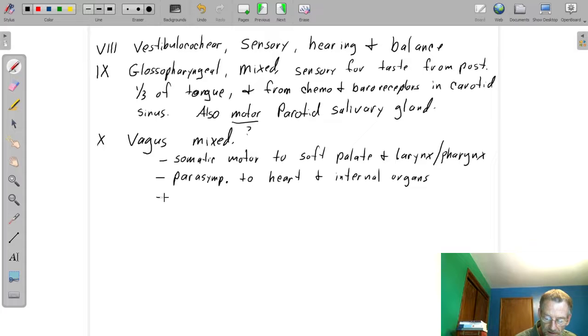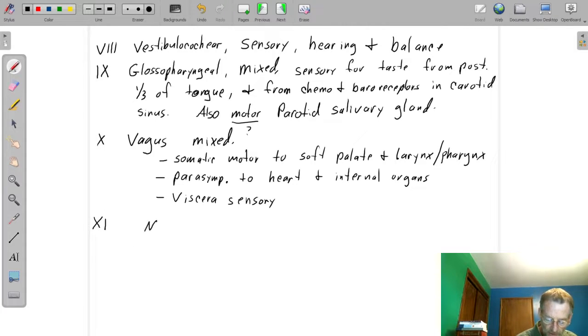And then also visceral sensory fibers. So, get a stomach ache, those sensory nerves are traveling through the vagus nerve. Have heartburn, it's coming through the vagus nerve. When the bladder's full, it's coming through the vagus nerve. Okay. Then there is the accessory nerve. It's accessory to the vagus, I suppose.